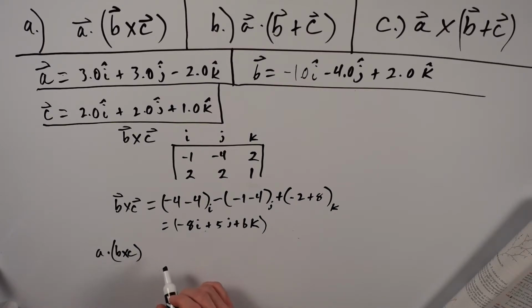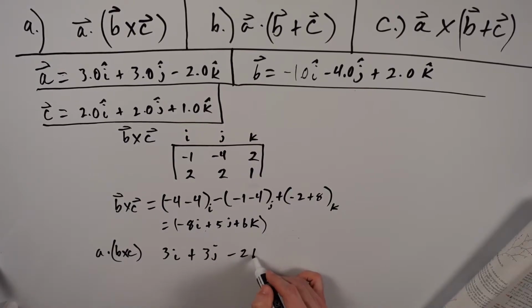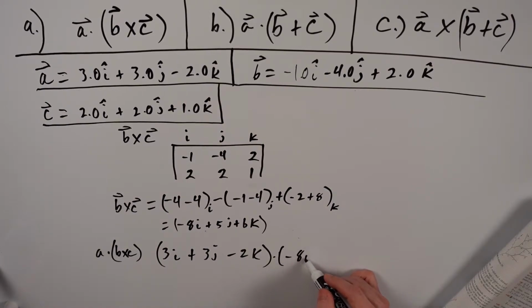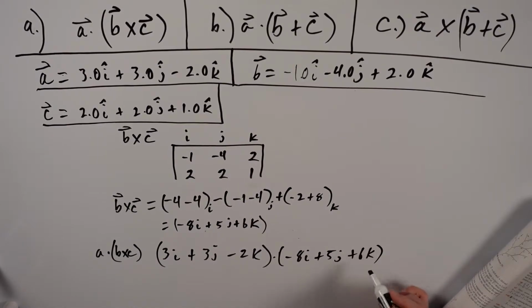So we have A, which is 3, 3, and -2. So you get 3I plus 3J minus 2K. And we're going to dot that with -8I plus 5J plus 6K.